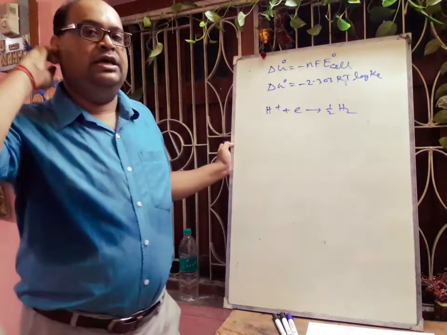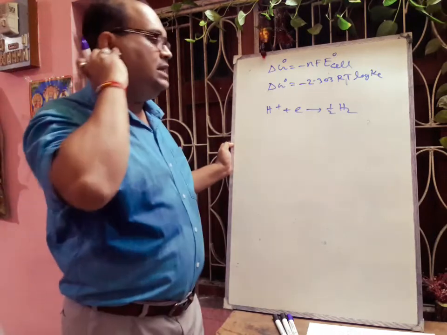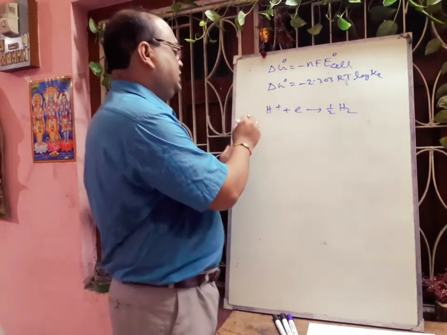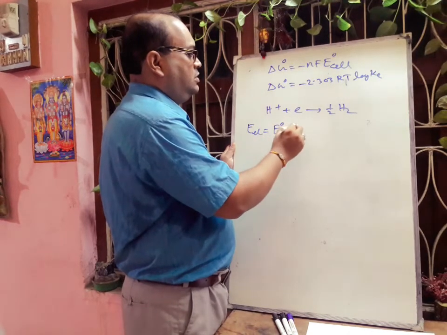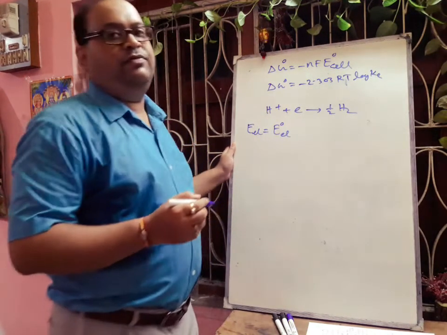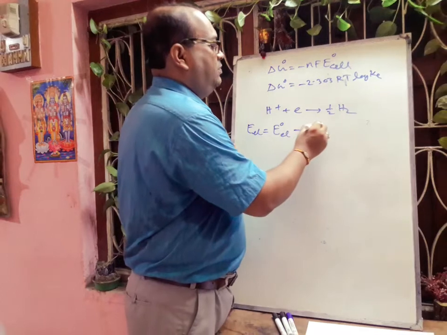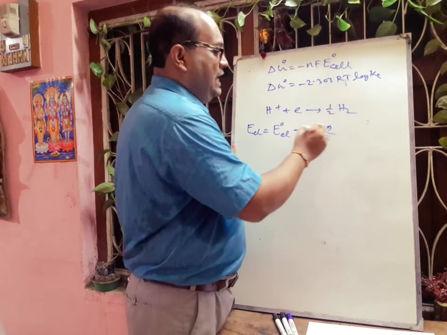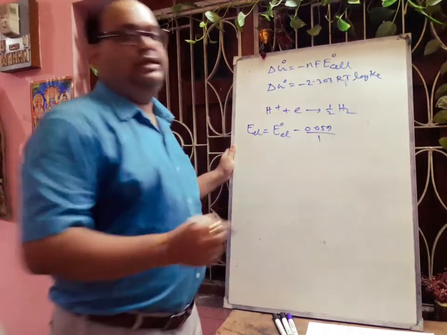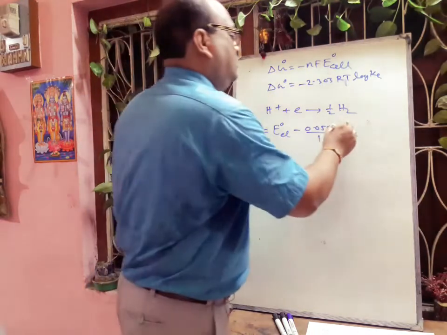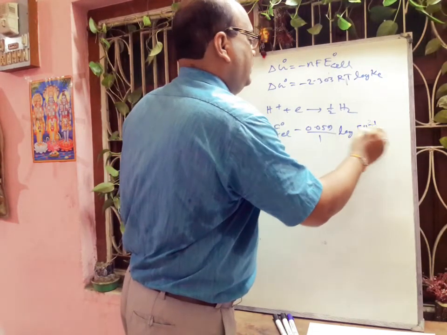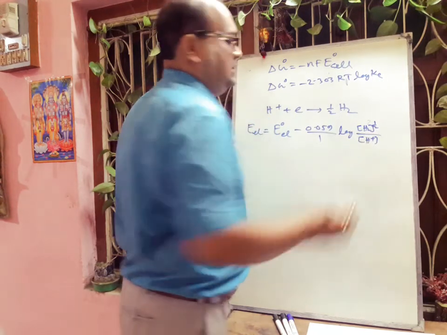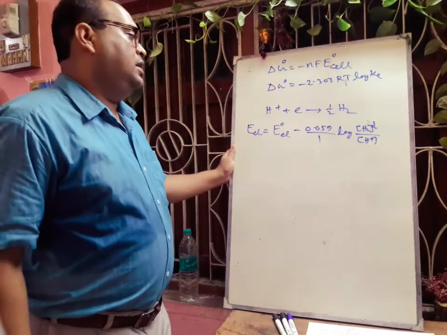Now from this, if we write the half cell electrode Nernst equation, E electrode will be equal to E0 electrode minus 0.059 by n, where n is 1 here, times the log of the concentration of the product, that means H2 to the power half, divided by the concentration of H plus.